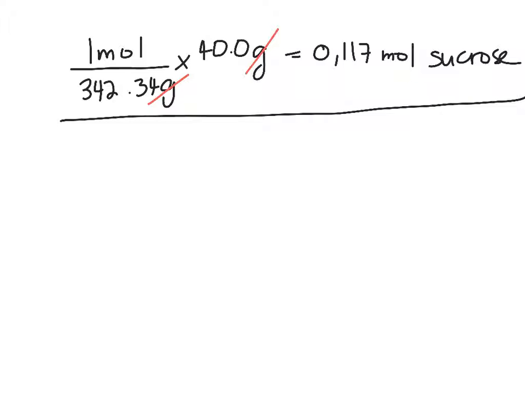Next question. Read the question, identify what symbol we're given in the question. So, Ben, what do they give us? They give us moles.